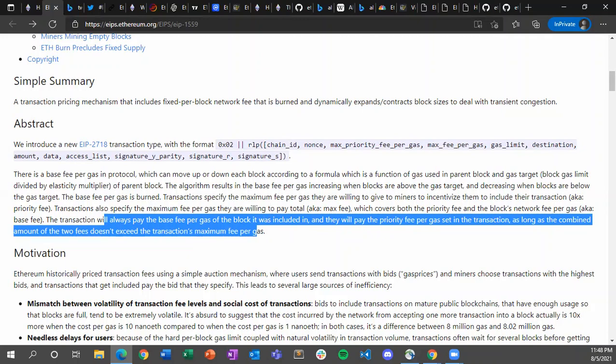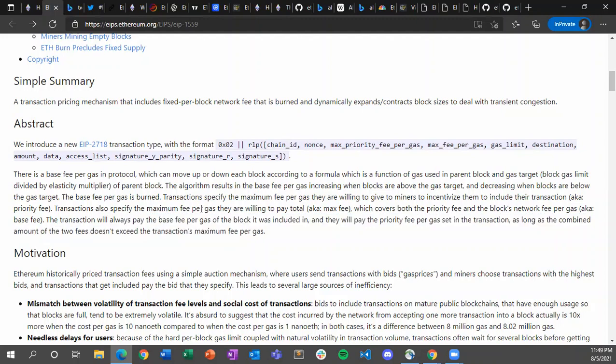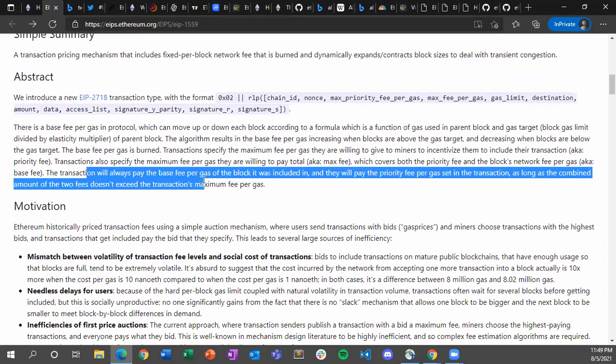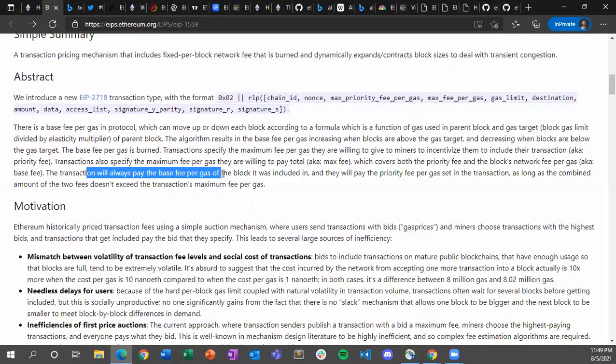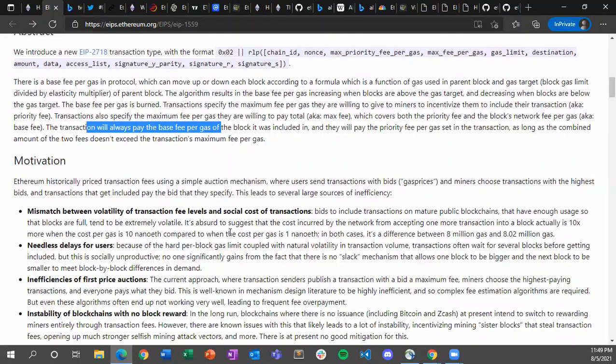So to put it in simple terms, transactions specify the max fee, and max fee equals priority fee plus that base fee. Now, the transaction will always pay the base fee per gas of the block it is included in, and they will pay the priority fee per gas set in the transaction as long as the combined amount doesn't exceed the transaction's maximum fee per gas.